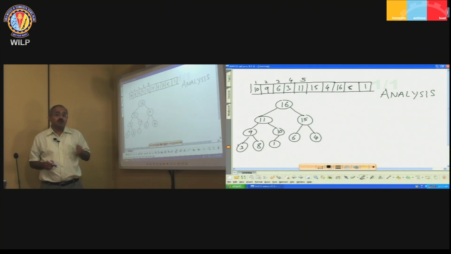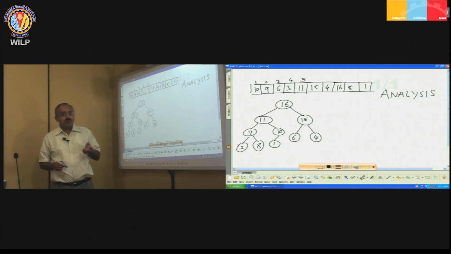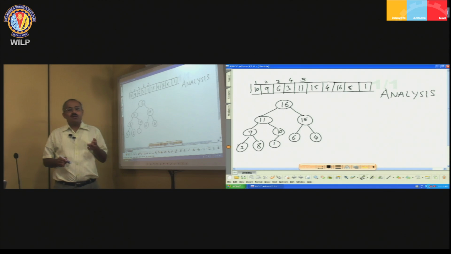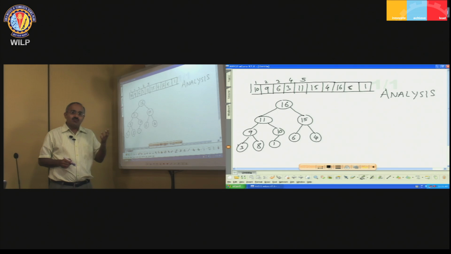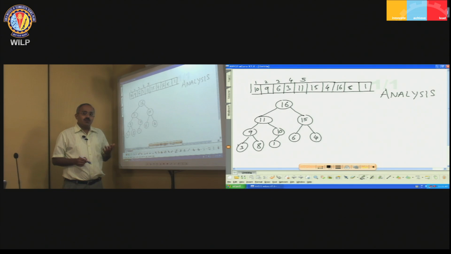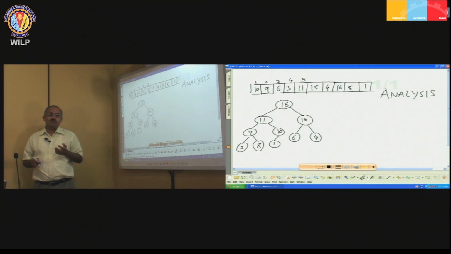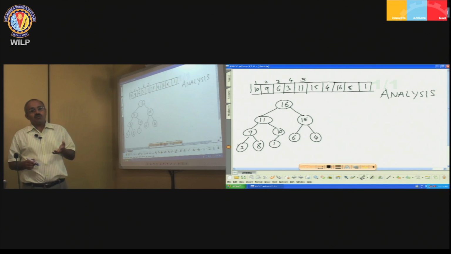So, the worst case of the heapify algorithm is going to be heap property being violated at the root and it happens to be the least key in that structure. So, it has to float down all the way to a leaf node of the tree. So, the maximum number of times it has to float down will be equal to the height of the tree. So, the heapify procedure will precisely in the worst case take time which is of order of the height of a tree.